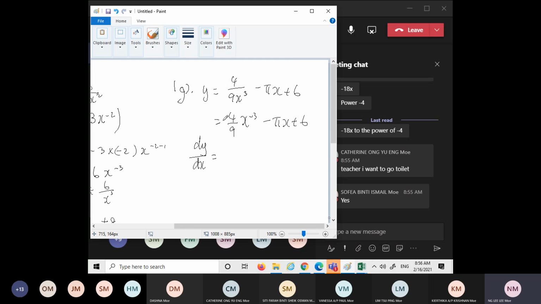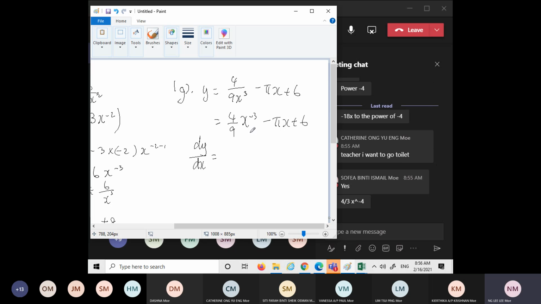Differentiate this. If you cannot, just say cannot. Don't waste other people's time. Other friends, please, don't help her. Don't go and WhatsApp her the answer.